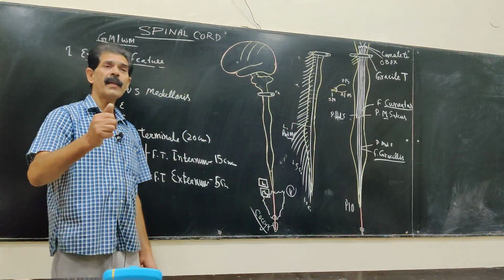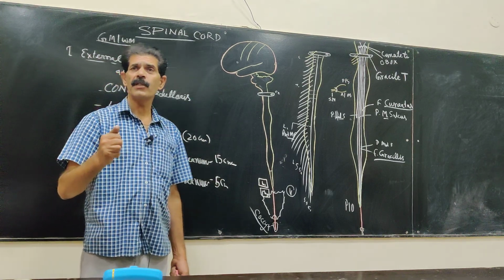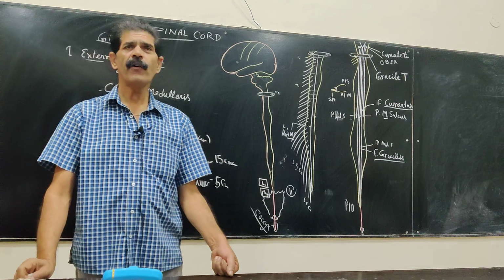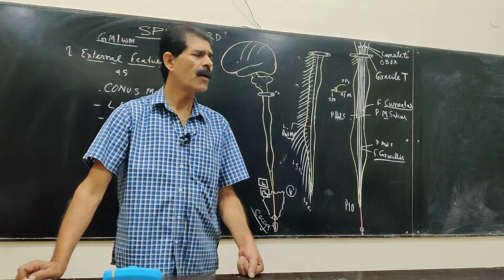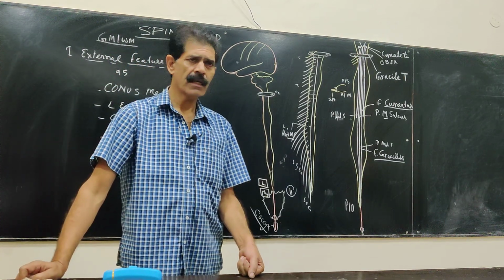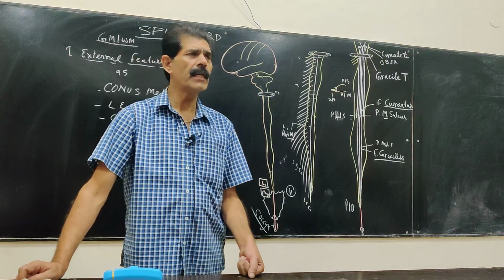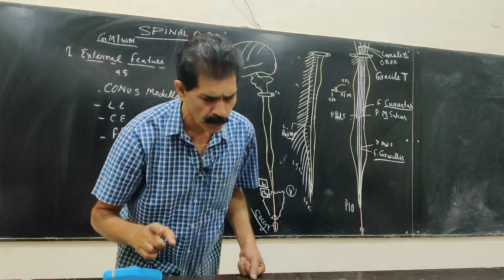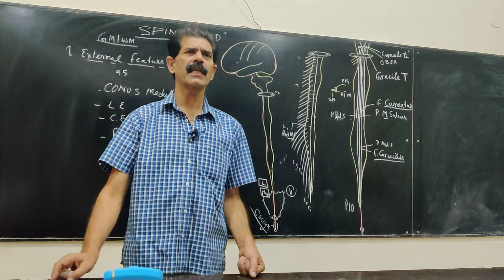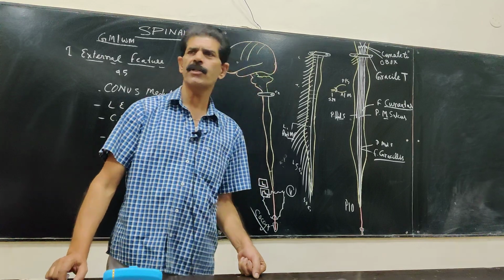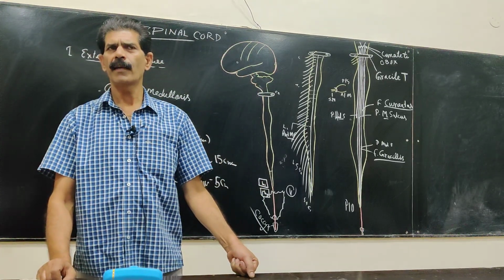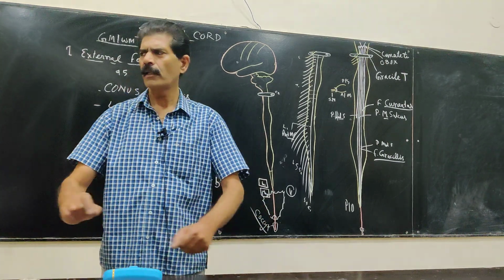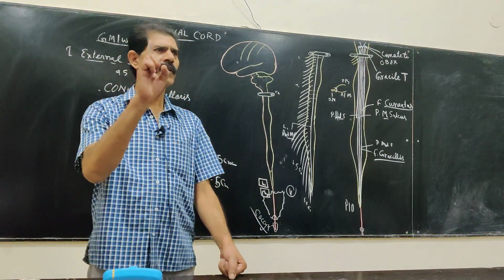So this filum terminale gives the bony attachment to the spinal cord, and it anchors the spinal cord actually. It is a fibrous tissue made up of pia mater, and it keeps the spinal cord always in a vertical midline position, whether we are stooping forward, flexion, extension, or any lateral movement or rotation of the vertebral column in any direction, our spinal cord always remains.